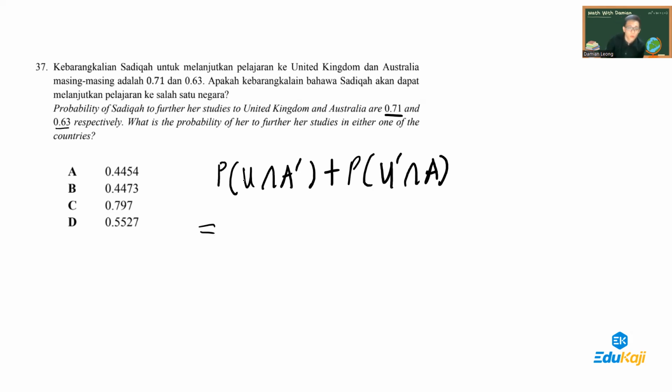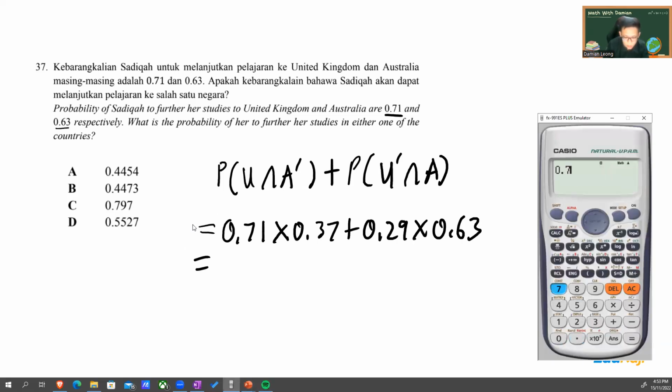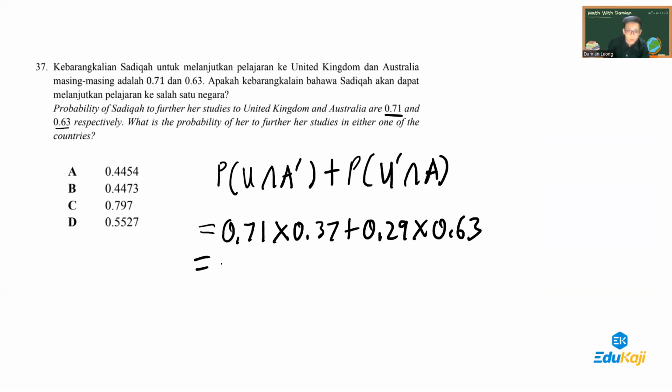We have to calculate both cases. So 0.71 times the opposite of 0.63, 1 minus 0.63, 0.37, plus the opposite of this, 1 minus 0.71, 0.29, times 0.63. 0.71 times 0.37 plus 0.29 times 0.63 is 0.4454. Answer A.